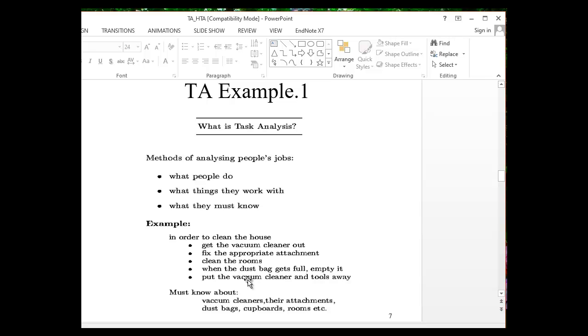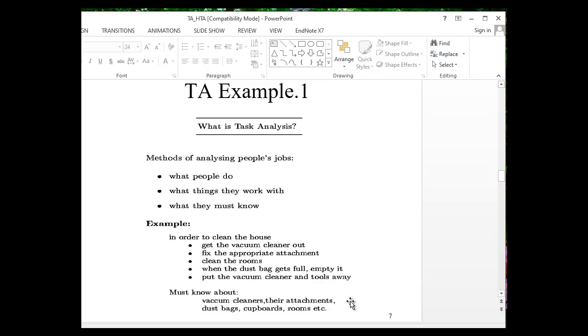This is very important. The requirement is that we must know about the vacuum cleaner and its attachments, that these are the parts of this vacuum and we can attach each part in this way.